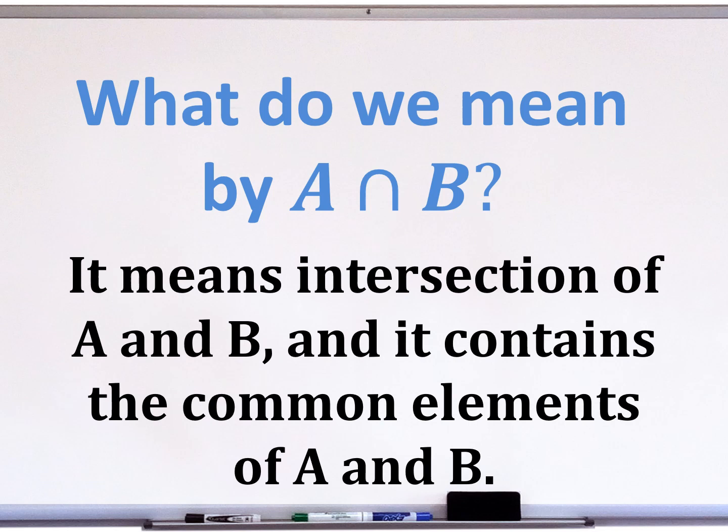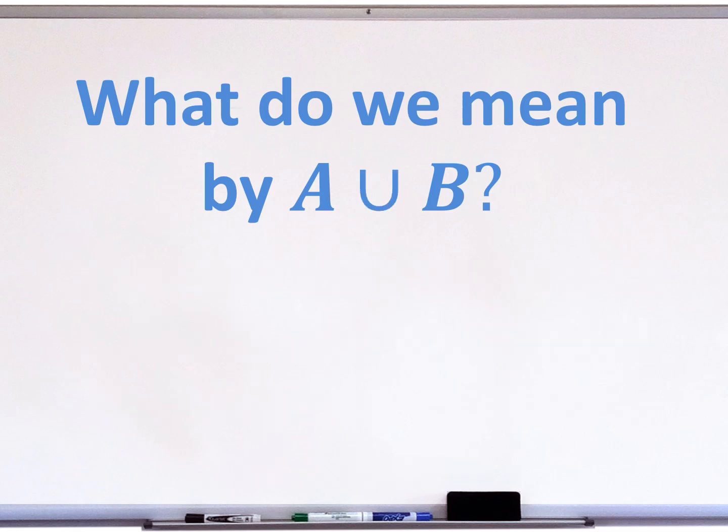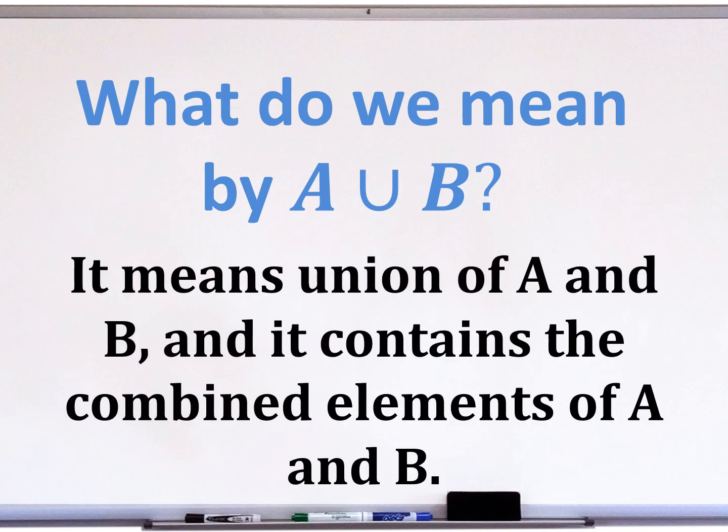It only means that it represents the intersection of A and B, and it contains the common elements. About this symbol, a capital letter U that is upward implies the operation of union of sets, and it means union of A and B, and it contains the combined elements of A and B.